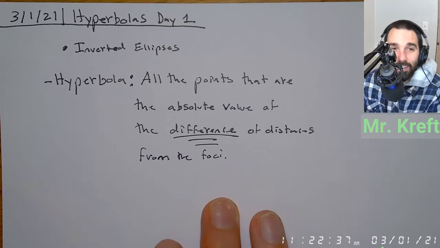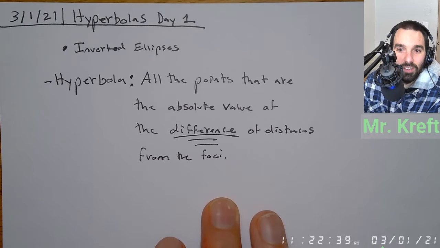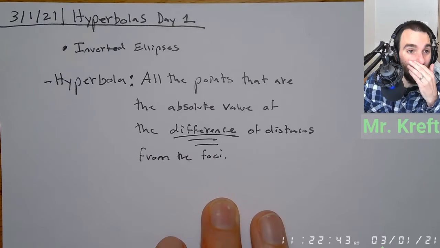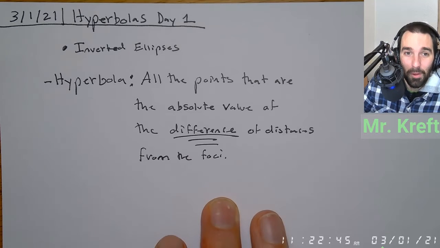So if you only took one thing away from that definition, it's that an ellipse is defined as all the points where the sum of the distances is constant, and a hyperbola is the difference. It's the absolute value of the difference.